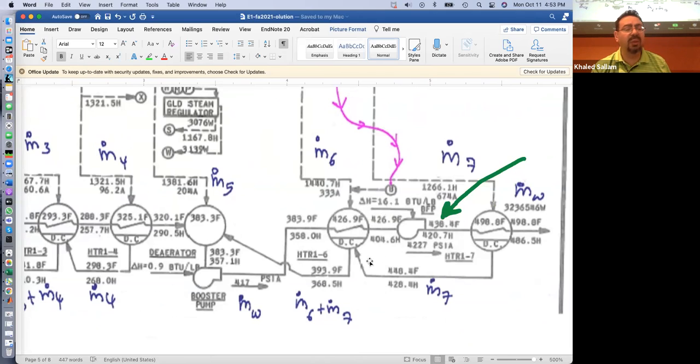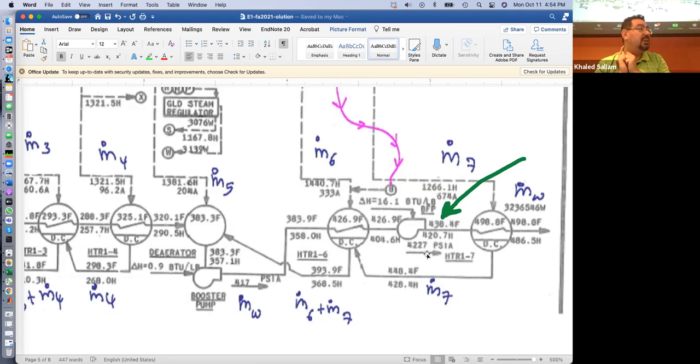What's the difference? 420.7 minus 404.6. How much is the difference? 16.1. He even did the subtraction for you, and he said this takes 16.1. So this pump takes the steam from H 404.6 to 420.7.